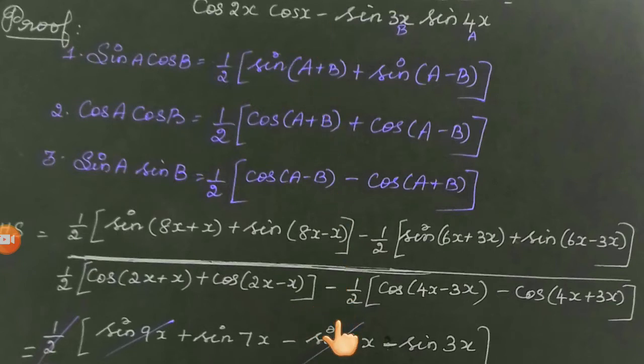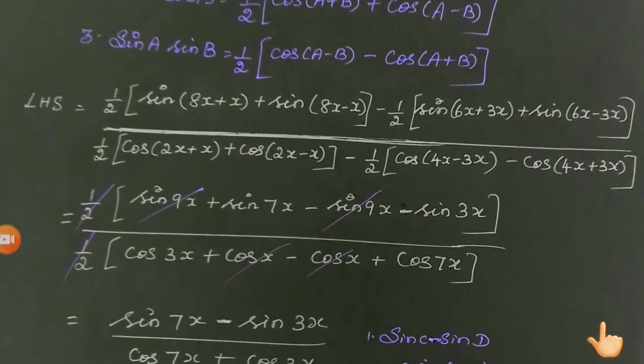Then there is a minus sign, so we write the same minus sign, and we have sin a sin b. Between 3x and 4x, whichever is greater we can assume as a, so it is half of cos of (a minus b) minus cos of (a plus b). That is half of cos of (4x minus 3x) minus cos of (4x plus 3x).